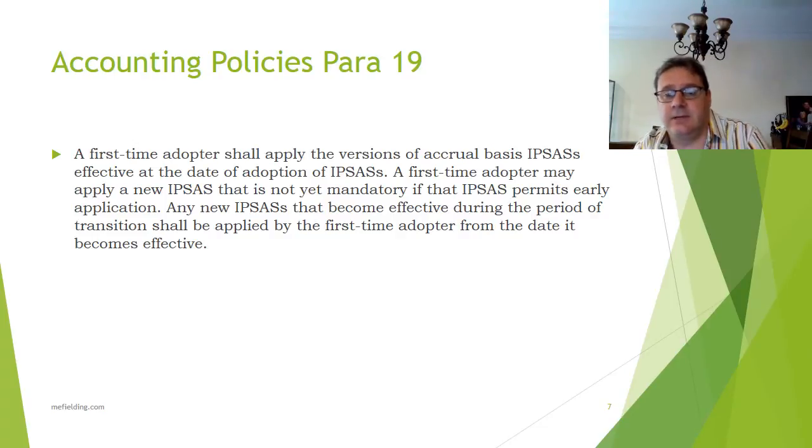Every country I've ever worked in has always been happy with the Ipsas. The problem is that Ipsas have a stated aim of following IFRS, and they are something of the order of 2 to 3 years behind IFRS. Therefore, what will happen is that your government will say, well, what are we adopting this for if we know it's going to change in the future?